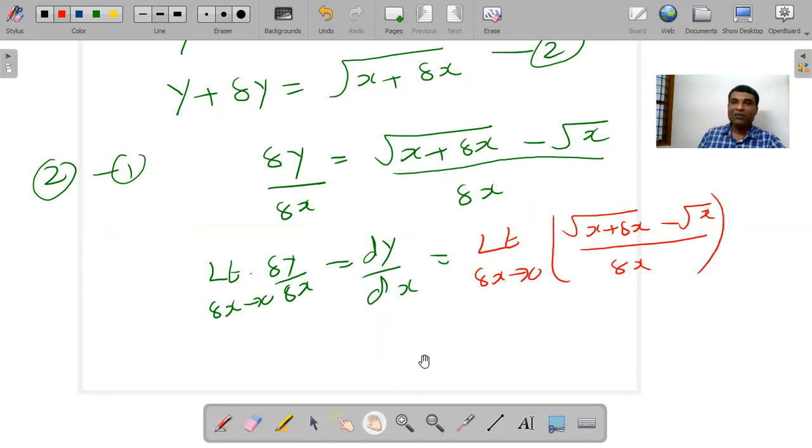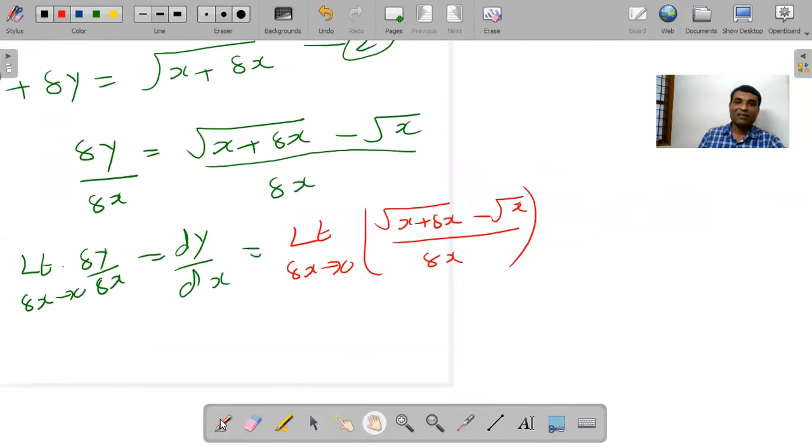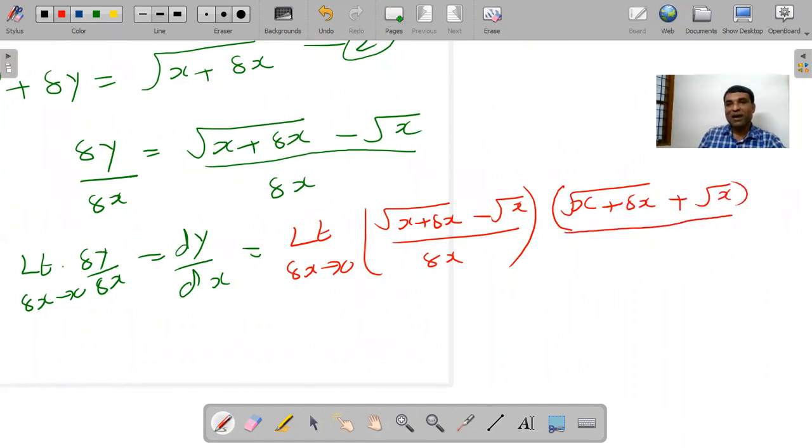Now I am going to do a simple mathematical manipulation. I am going to multiply this by the factor square root of x plus delta x plus square root of x. First, to balance the equation, I have to divide the denominator by the same factor. Now the equation is balanced.